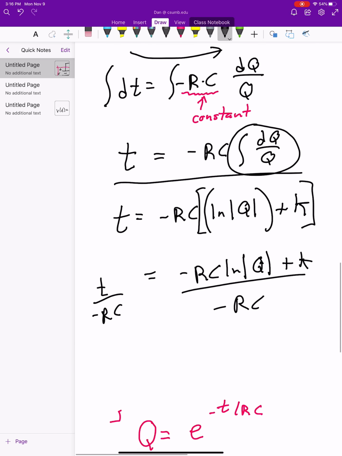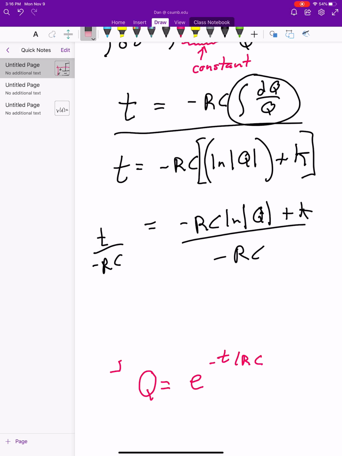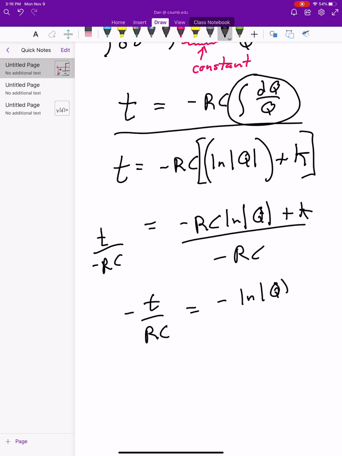And so where that leaves me is, I have minus t divided by RC equals minus ln of q plus some constant c, and the reason I'm calling it c and not k is because c looks like a capacitor.